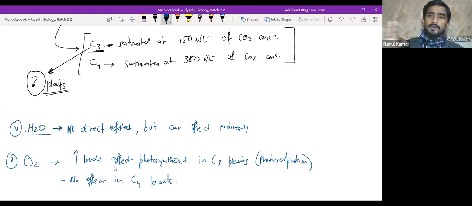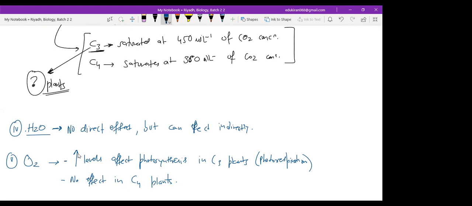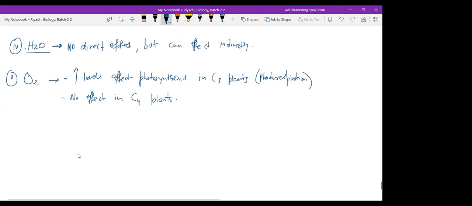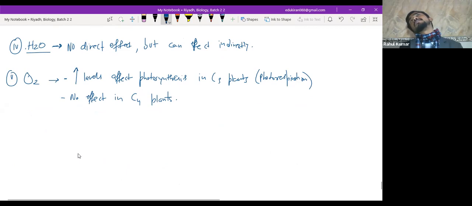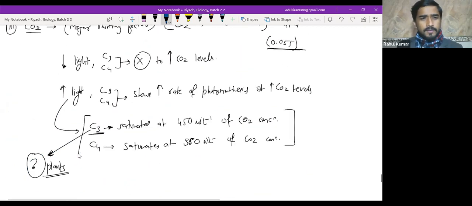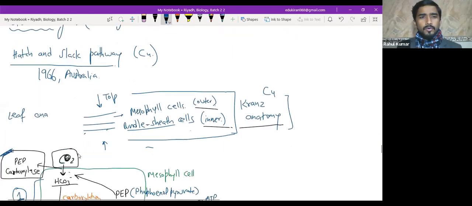So C4 plants can do very well even if there is more oxygen inside the system. Clear, everyone? Is it clear or not? Okay, so I think there is no other factor. We have completed everything that we needed to know about photosynthesis.